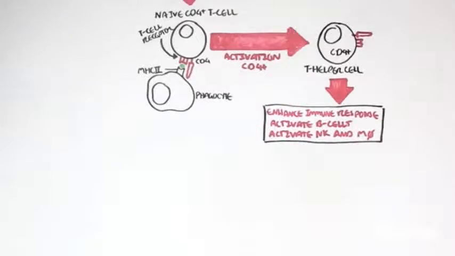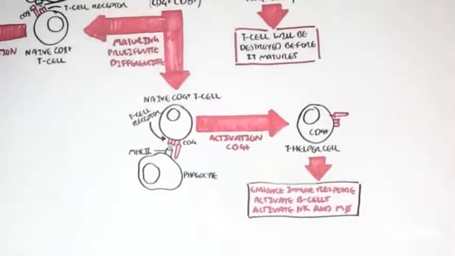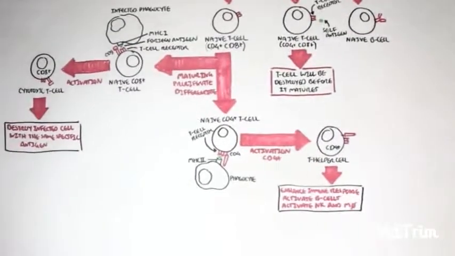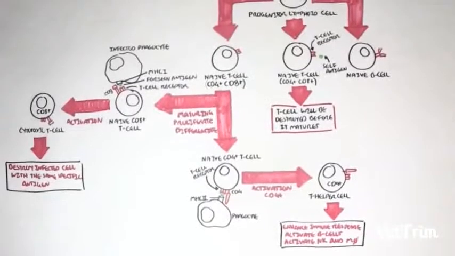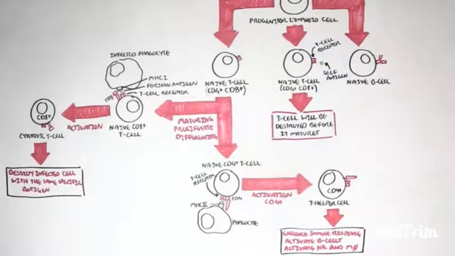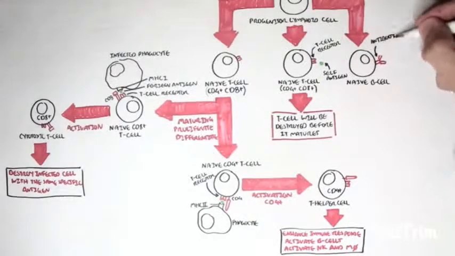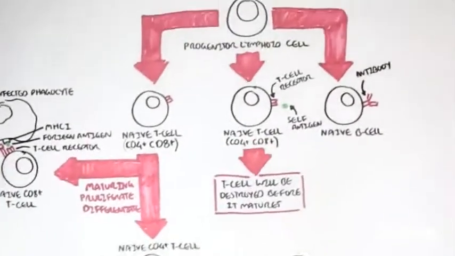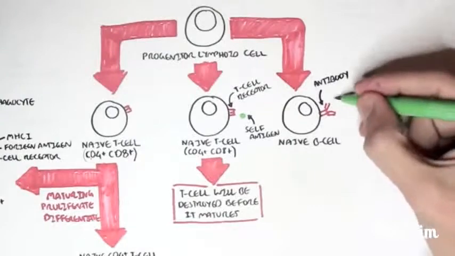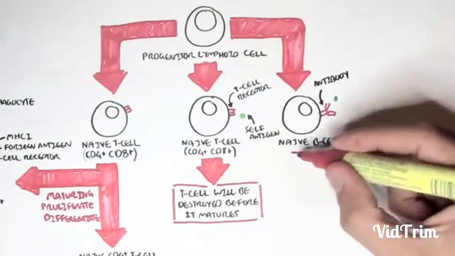So that was how naive CD4 T cells and naive CD8 T cells become activated through recognition of specific antigen presented to them. So how about the naive B cells? Well, naive B cells have antibodies when they become naive B cells from the progenitor lymphoid cell.